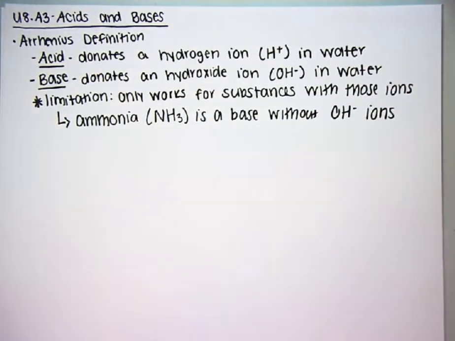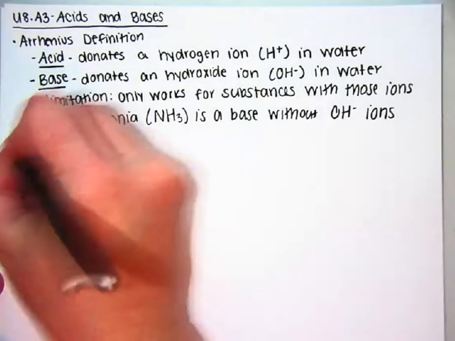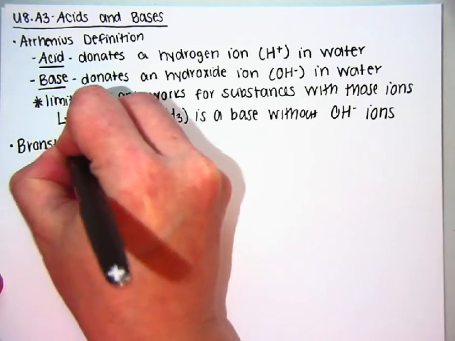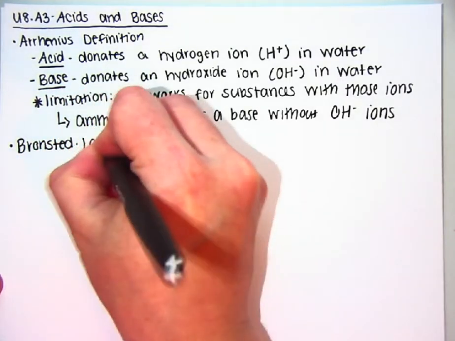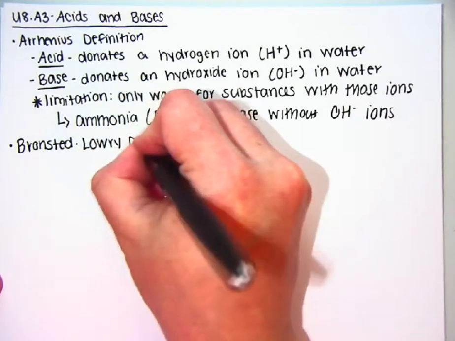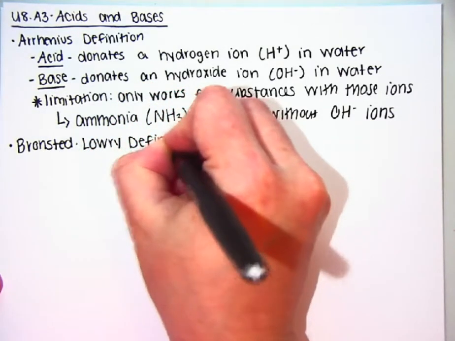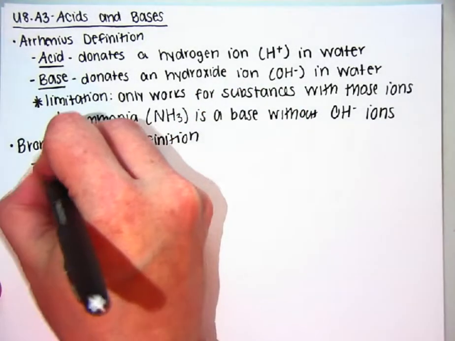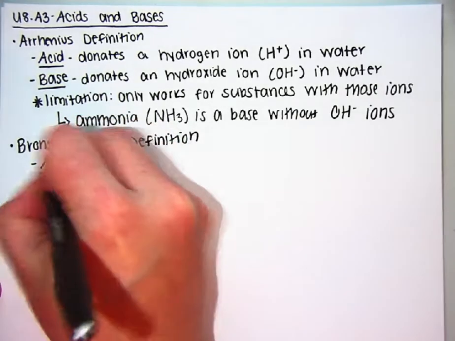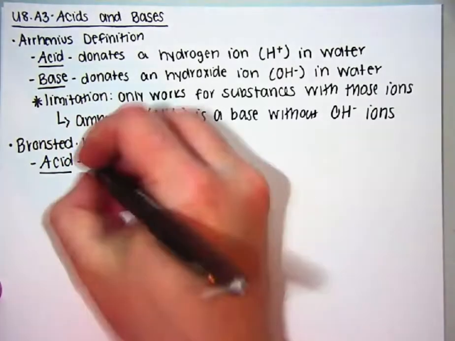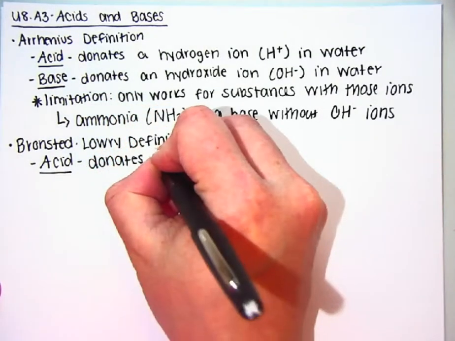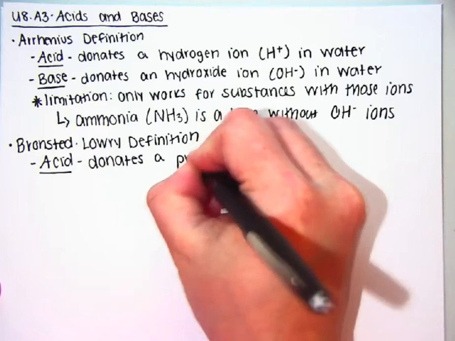So we need a better definition, one that is more inclusive. So that brings us to the Bronsted-Lowry definition. Bronsted-Lowry said that an acid donates a proton, H+.